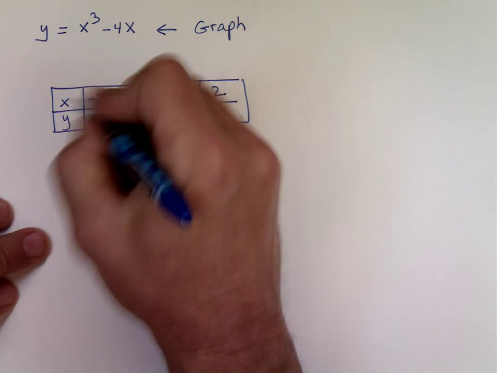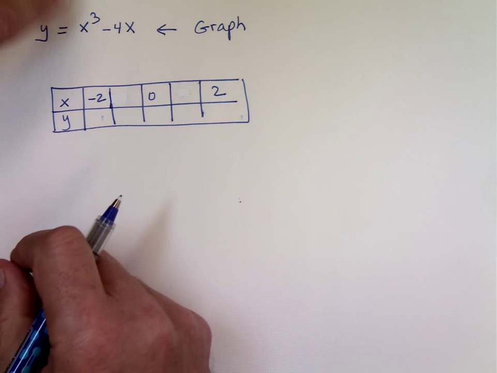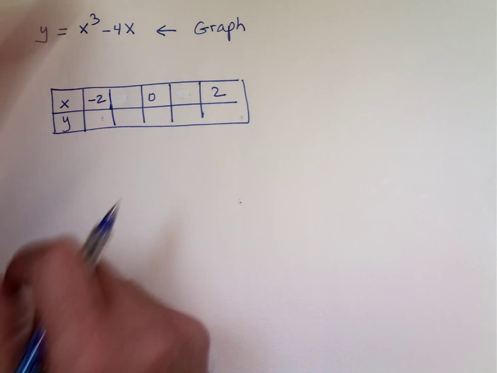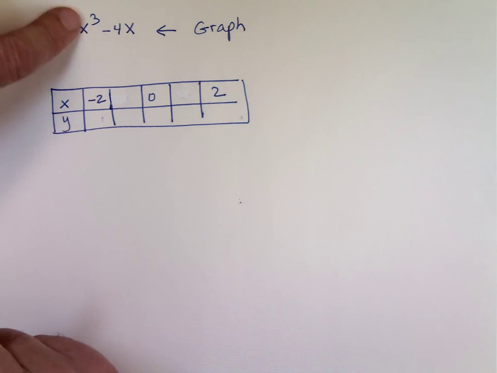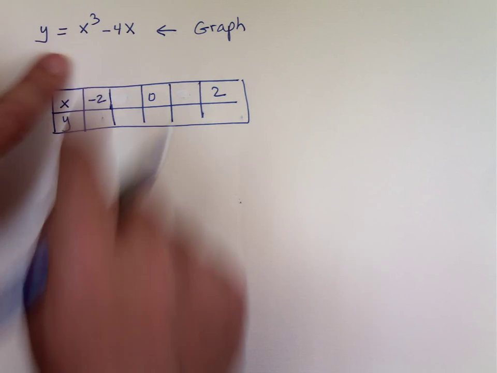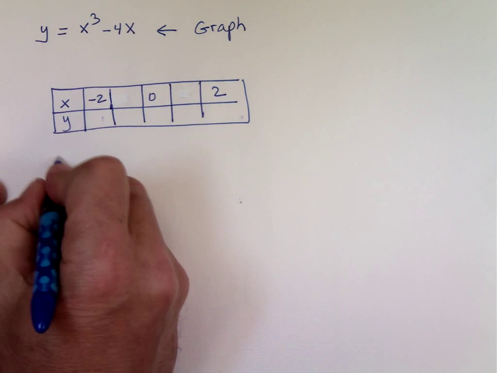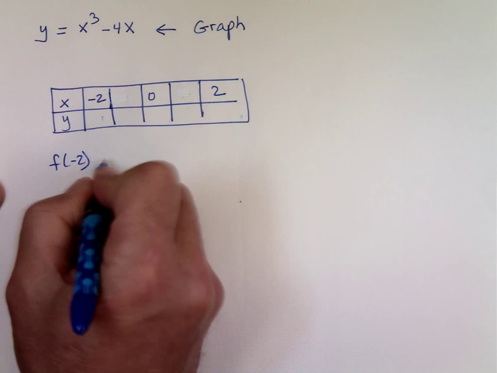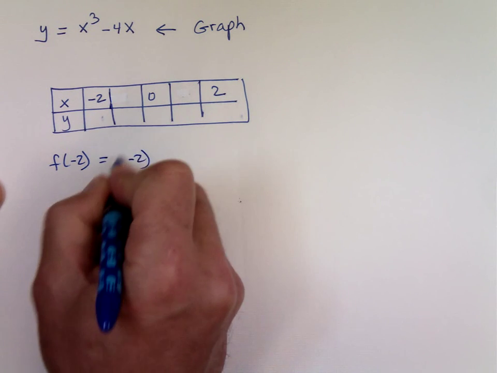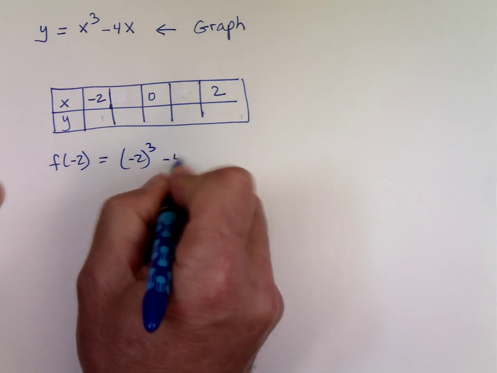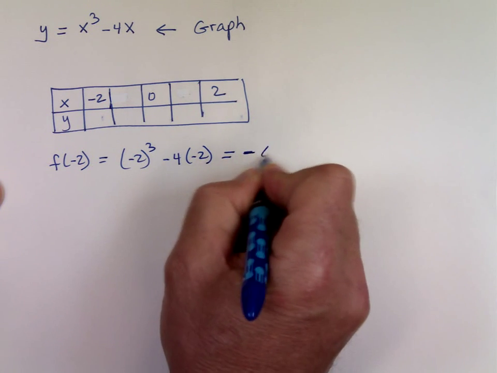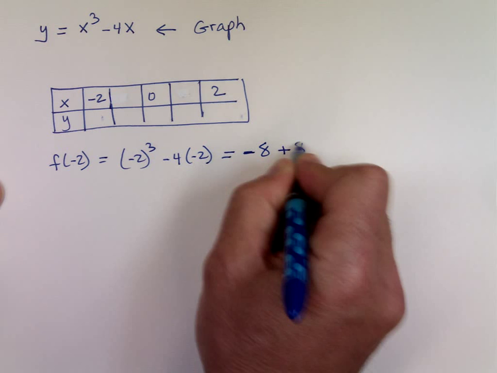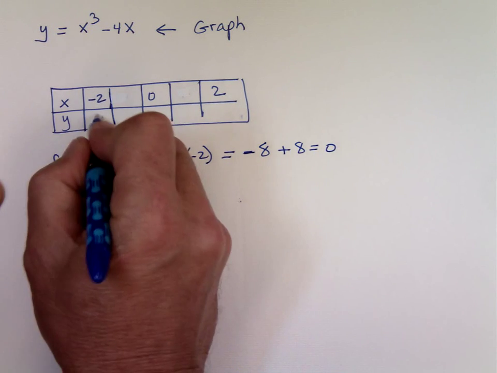Because when x is negative 2, what is negative 2 cubed? Negative 8. This is plus 8 because negative 4 times negative 2. I'll just do them here so you get to see them. That'll be negative 2 cubed minus 4 times negative 2, which is negative 8 plus 8, which is 0.